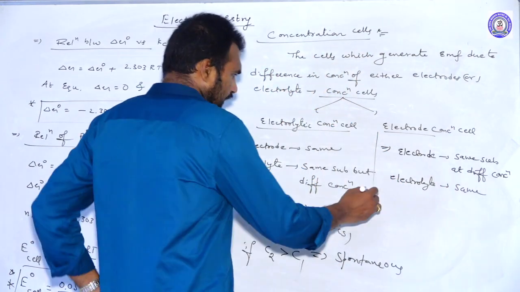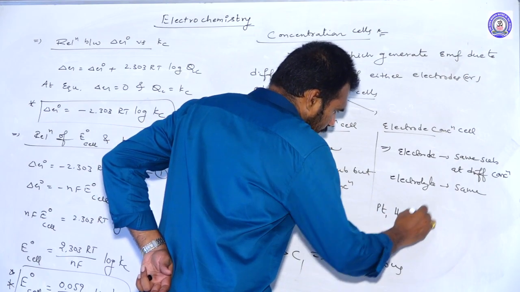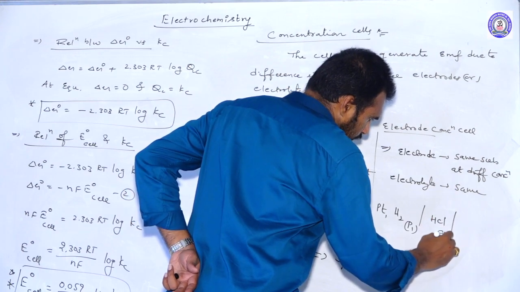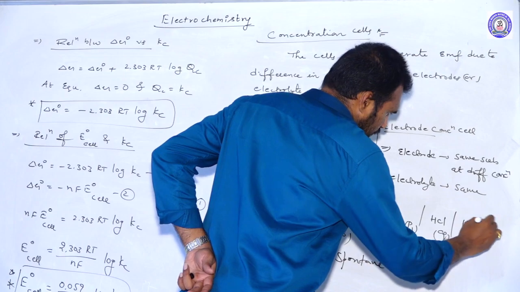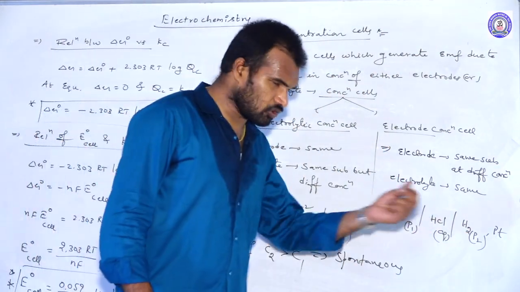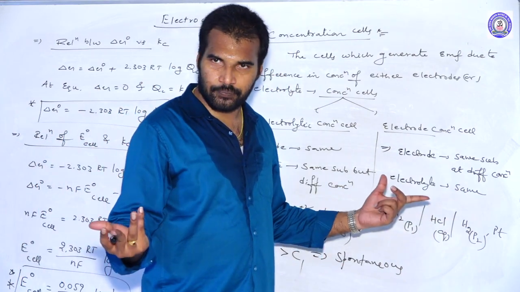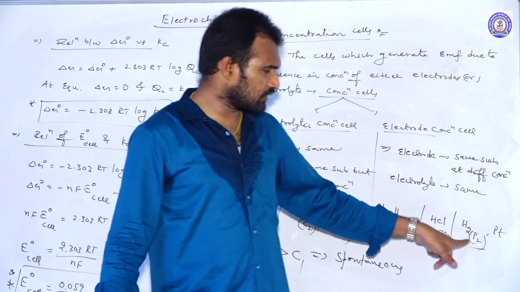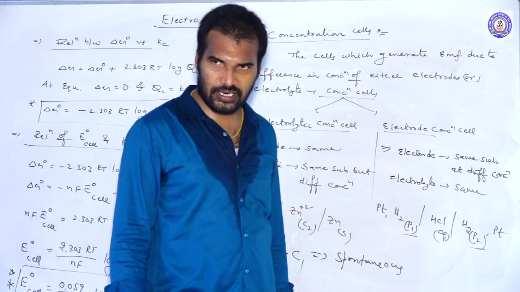Best example: platinum, hydrogen at P1 atmosphere, HCl aqueous, hydrogen at P2 atmosphere, platinum. What do you observe here? The electrolytic solution is the same, but the electrodes differ: this is at P1 atmosphere, this is at P2 atmosphere. This is a clear example of an electrode concentration cell.